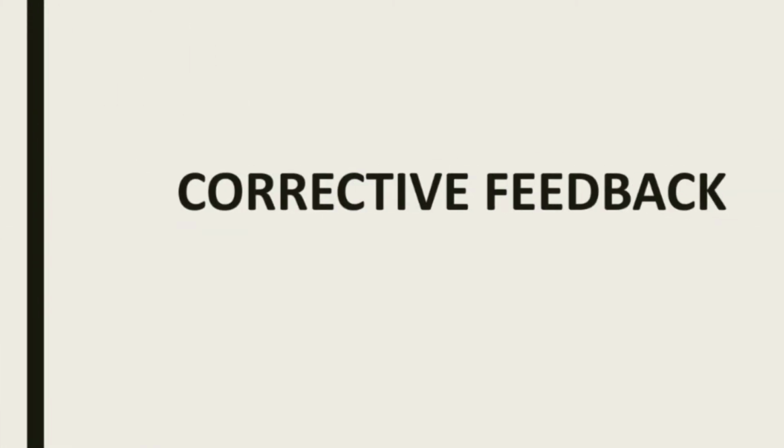Corrective feedback. When students make mistakes, teachers are there to provide them with corrective feedback. So corrective feedback is simply the teacher's response to error. So this type of oral feedback can be provided either implicitly or explicitly. So when the teacher provides feedback in an implicit way, he or she corrects error by repeating the error or by asking clarification.